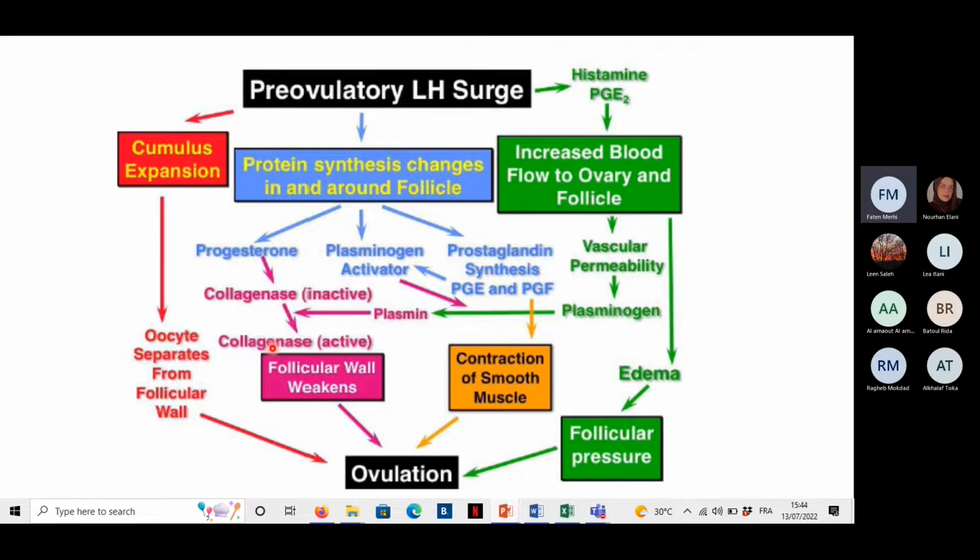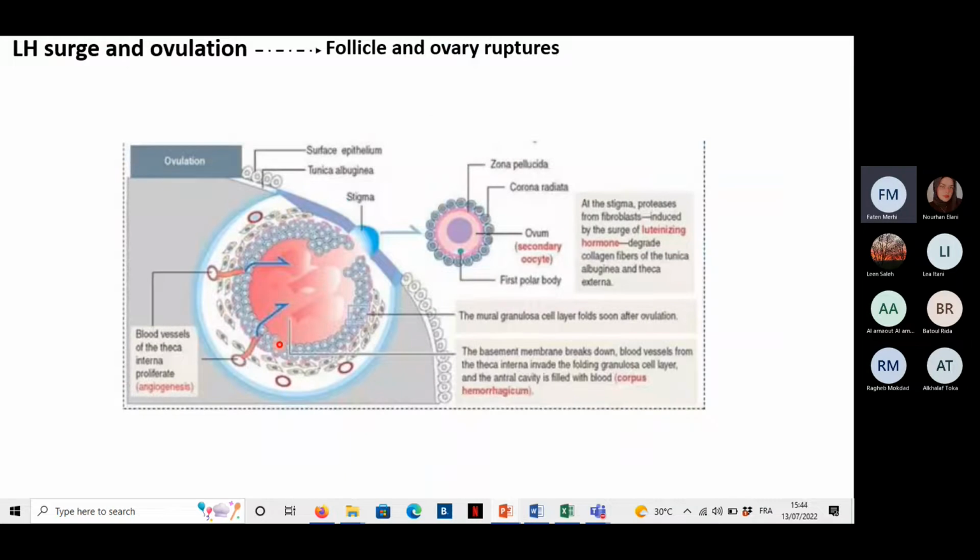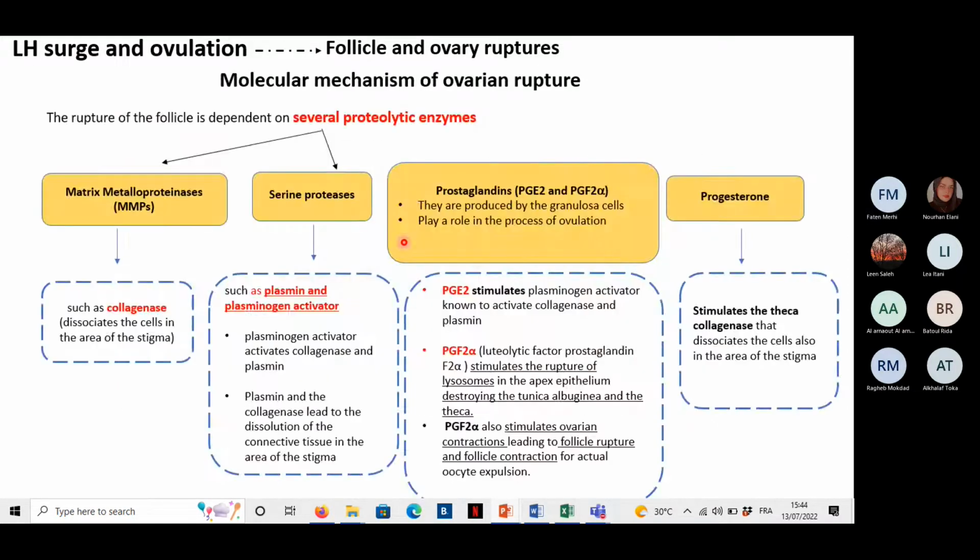So this collagenase, by breaking the collagen inside of the tunica albuginea and the extracellular matrix in the theca surrounding the stigma, will lead to the disruption of this tissue, and in this way this tissue will be degraded and the oocyte can exit the follicle and the ovary.